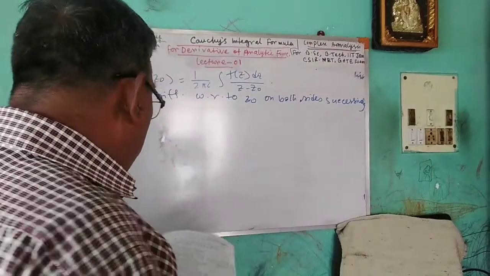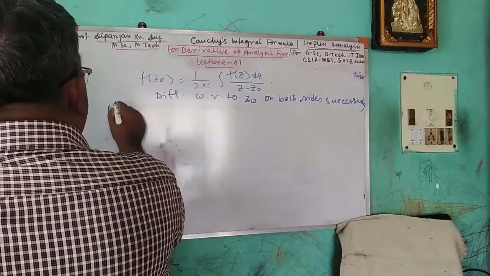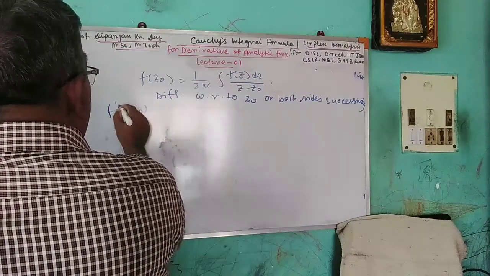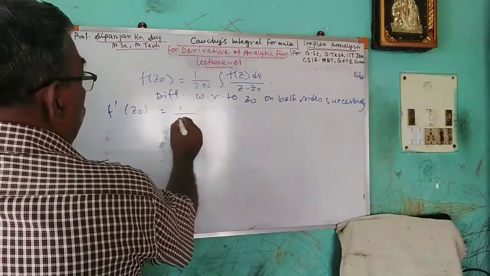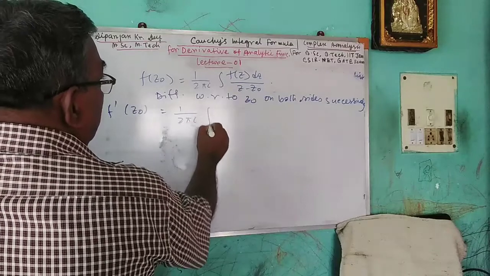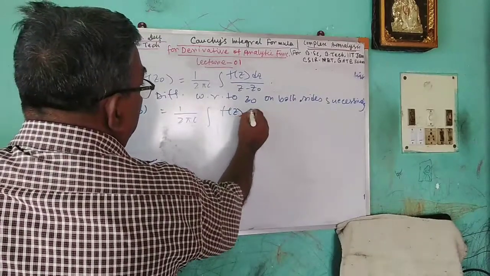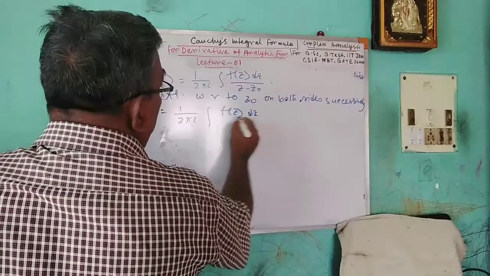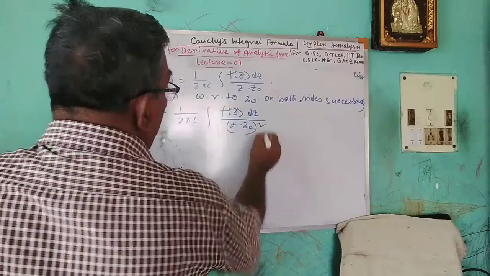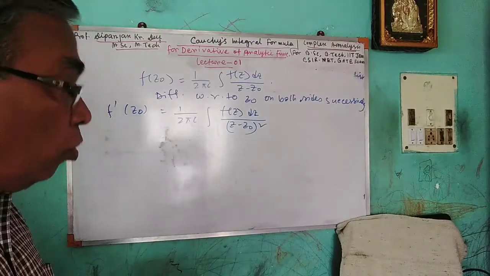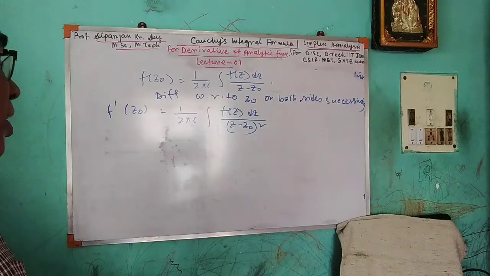So f dash z0 is equal to 1 by 2 pi I integration f of z dz by (z minus z0) whole square. This is the first derivative.